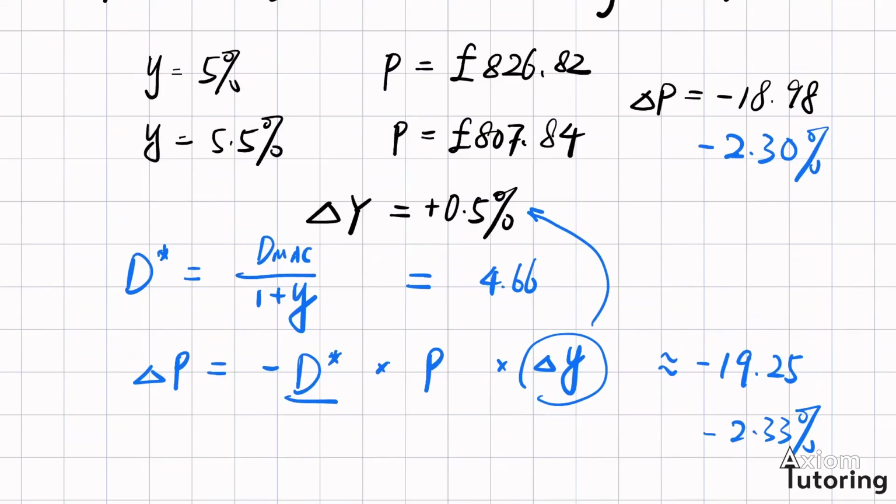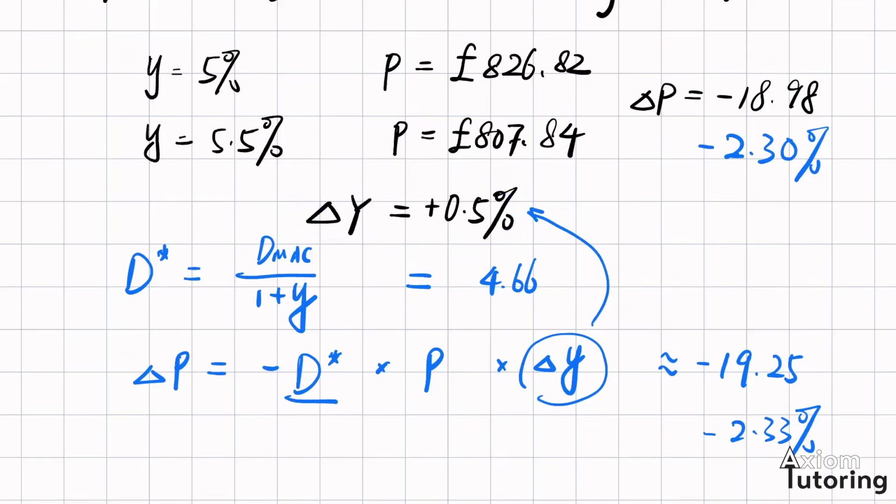The approximation works if the change in the yield is small enough. So why do we need approximation here? Because it's a shortcut. If we want to change the yield frequently, it's not always 0.5%, it could be plus 0.3, plus 0.4, or any number between that.